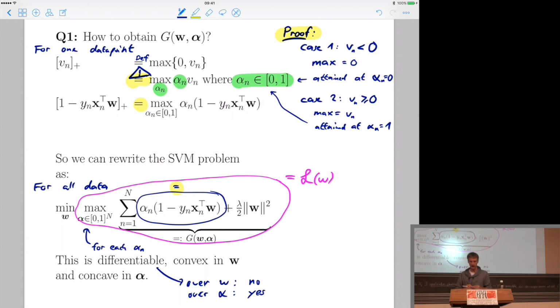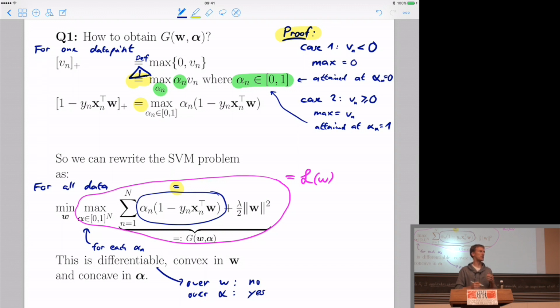Okay, is it differentiable over W? Let's go slowly. Over alpha, it actually is, right? Do you guys agree? Fix W, now differentiate with alpha. It's fine, it's differentiable. Now, what about over W?